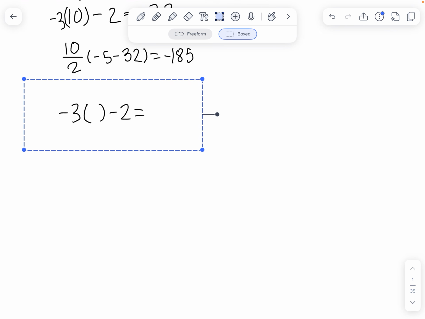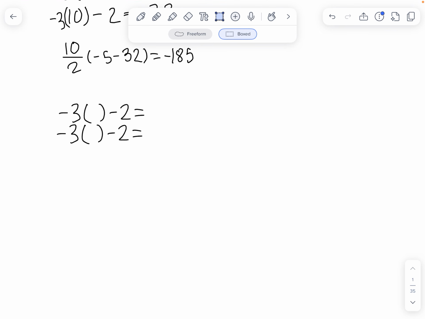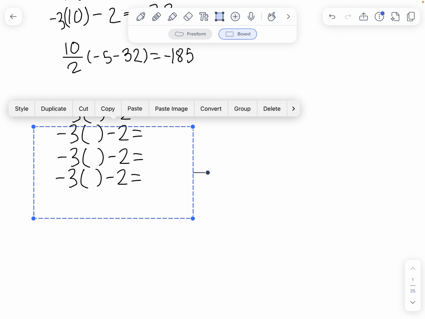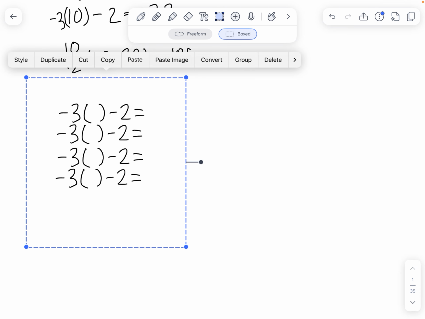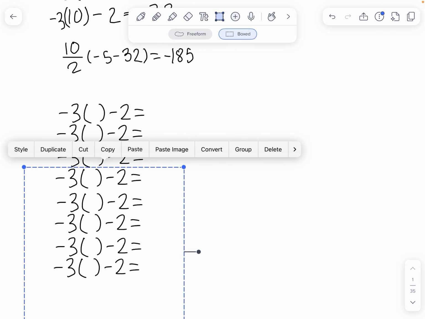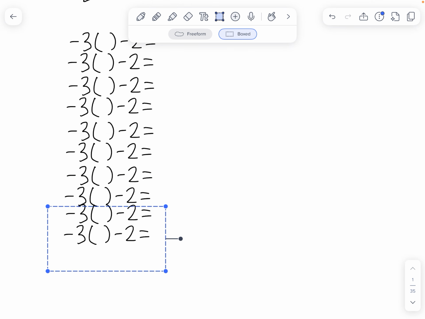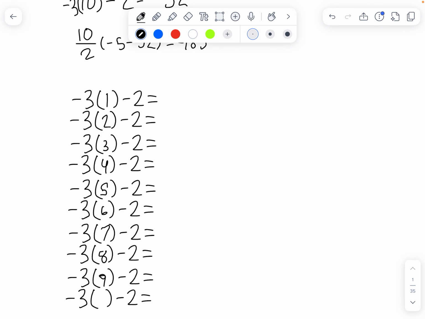I had to duplicate this a bunch of times. And now you plug in the values 1, 2, 3, 4, 5, 6, 7, 8, 9, 10.